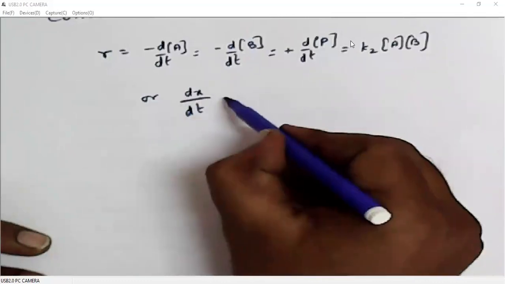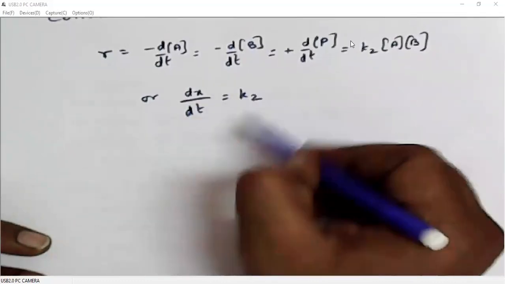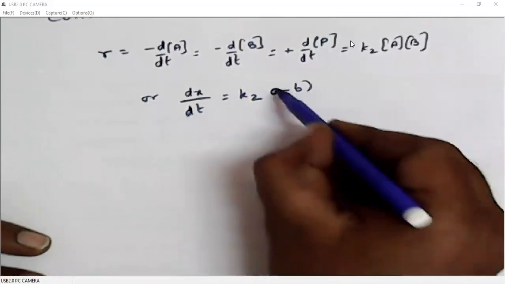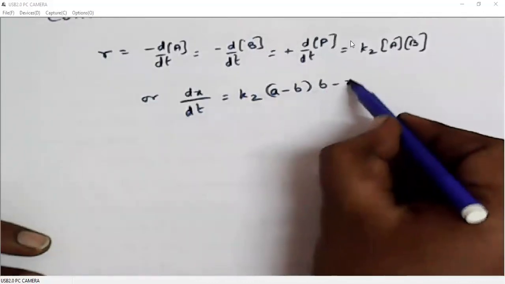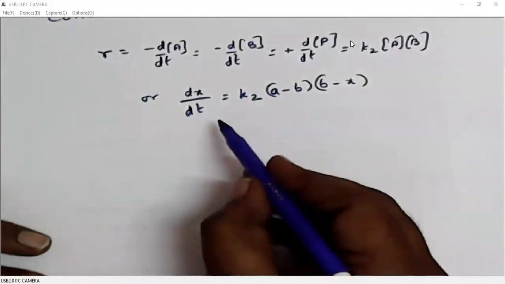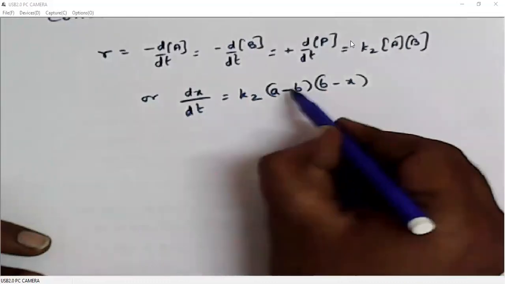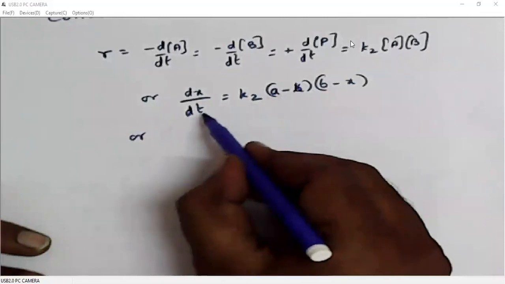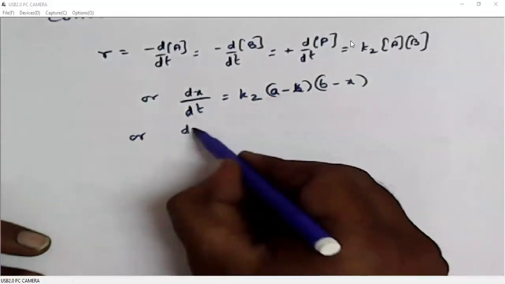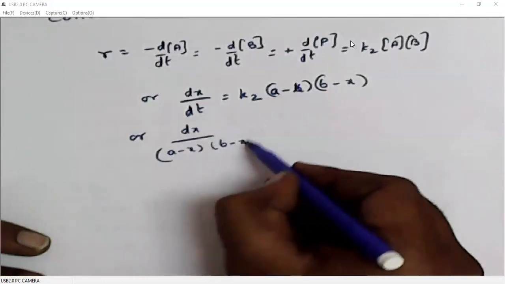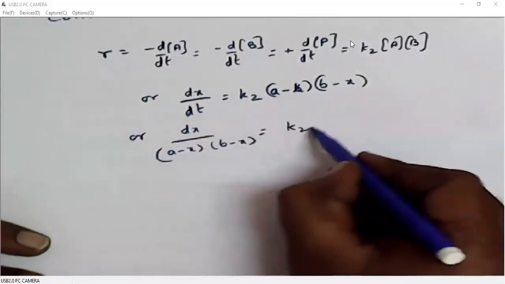So dx by dt is equal to K2 into the concentrations: A concentration is A minus x, B concentration is B minus x. Now we will separate the variables. x variables this side: dx by (A minus x) into (B minus x) is equal to K2 into dt.